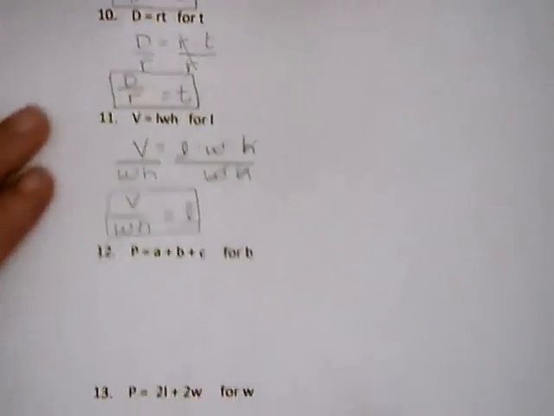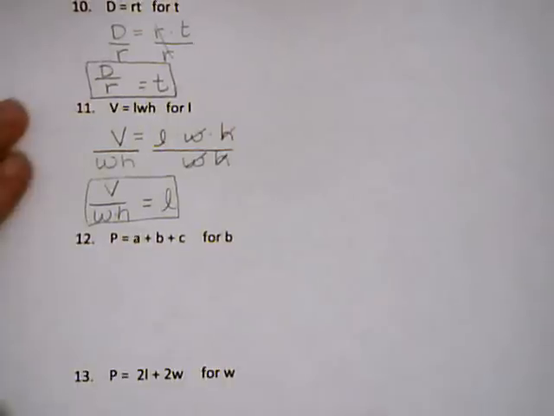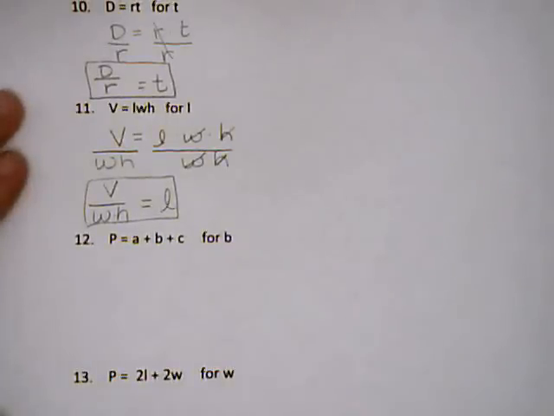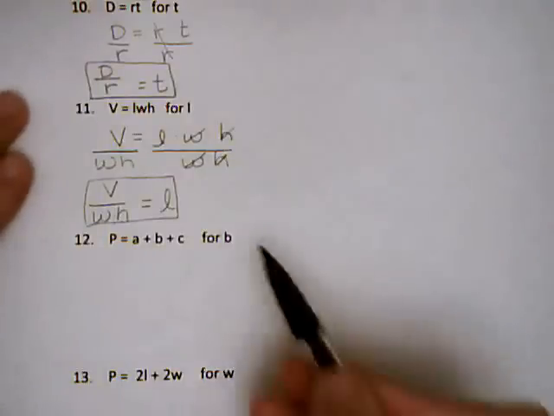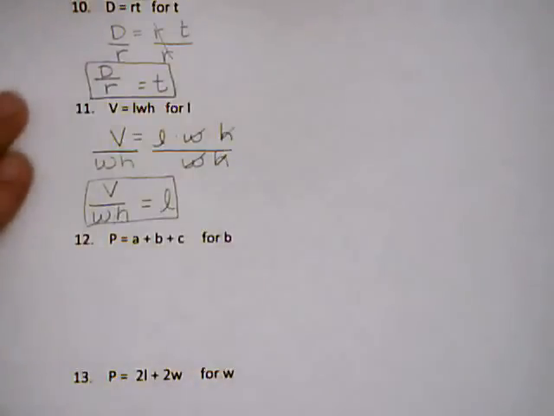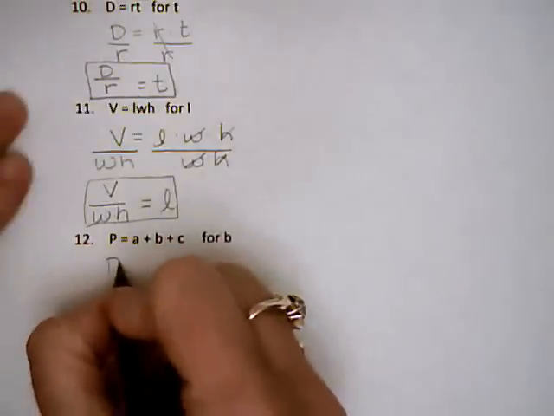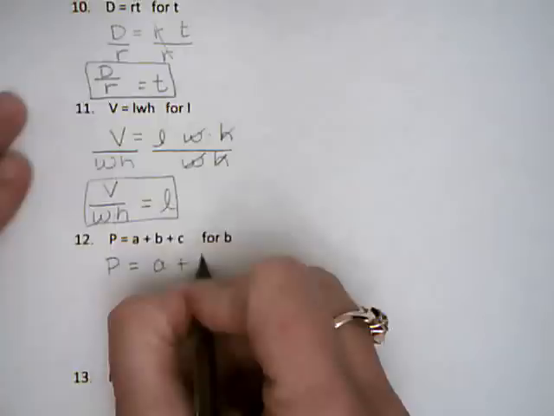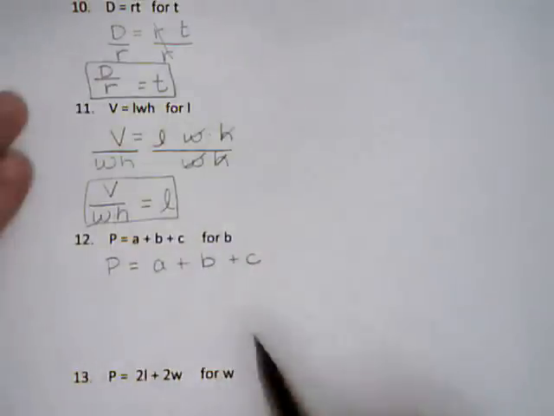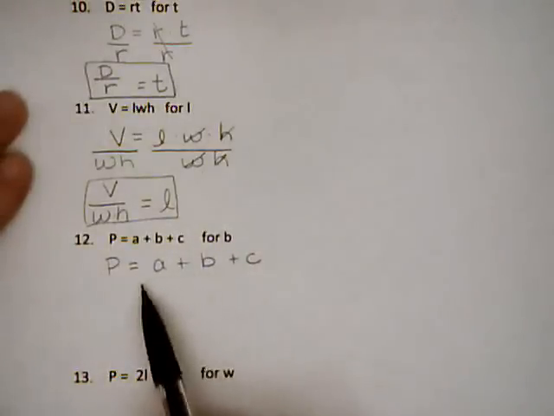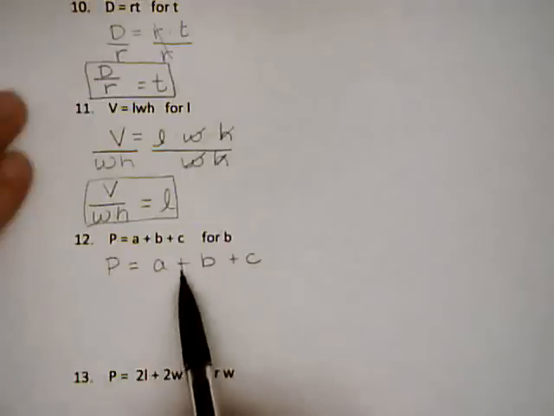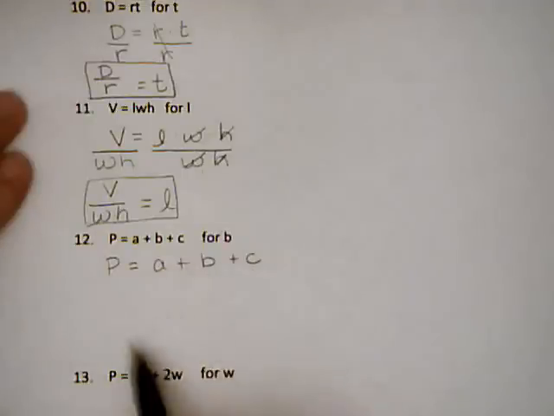Number 12 is actually another perimeter formula. It says P equals A plus B plus C, and we want to solve it for B. Okay, this one's a little different. I'm not going to be dividing. If I want B by itself, because these are all separated by this plus sign, I can't divide.